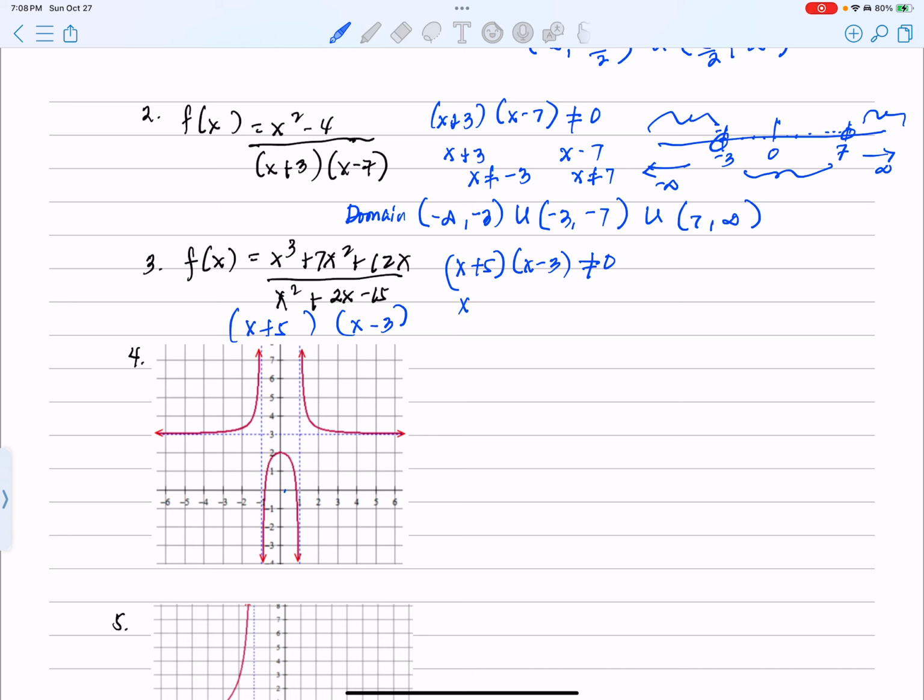So x plus 5, x should not be equal to negative 5. X minus 3, x should not be equal to positive 3. So this is 3, this is negative 5, that's 0, and this is 3. So we still have positive infinity and negative infinity right here. We have 3 parts for our domain.